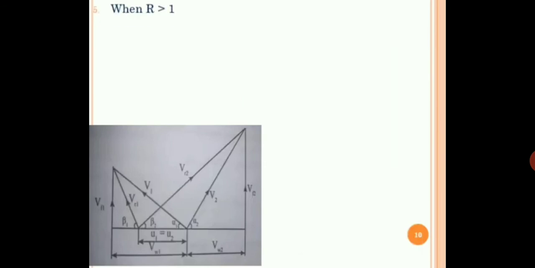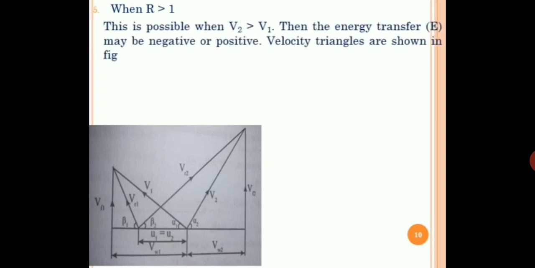The fifth condition is when the degree of reaction value is greater than 1. This is the velocity triangle for a degree of reaction greater than 1. This is possible when the absolute velocity at outlet, that is V2, is greater than V1.